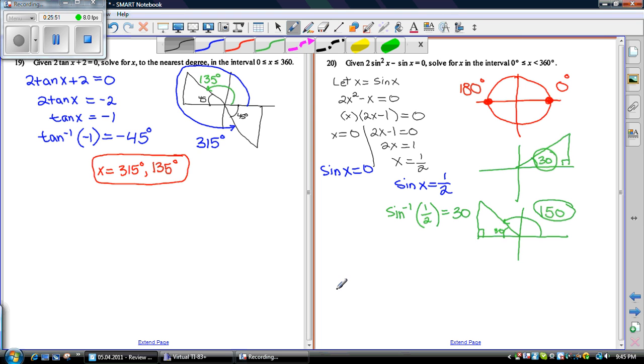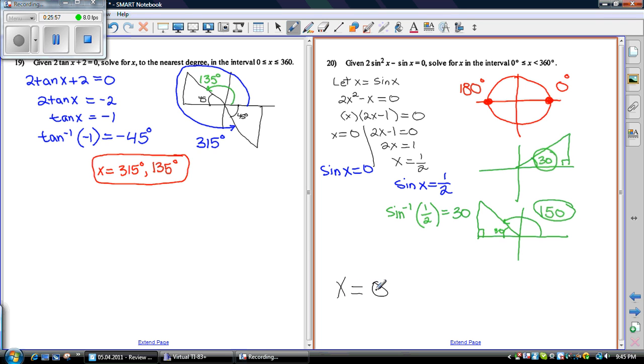Well, x can equal 0. That was one answer. 180, that was another answer. 30 degrees, that's another good one. Give them all little degree symbols. And finally, 150.